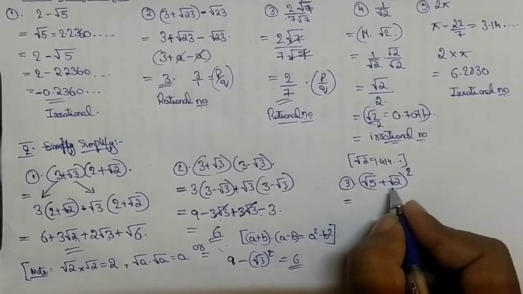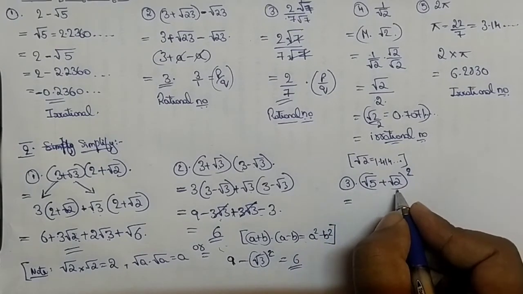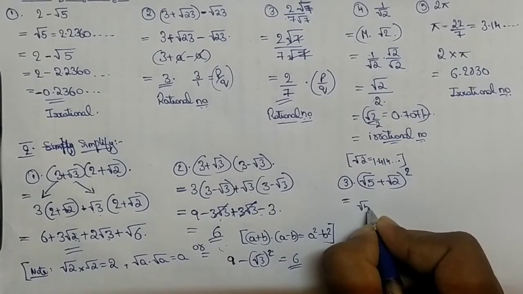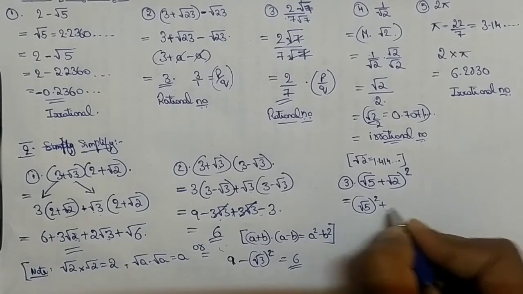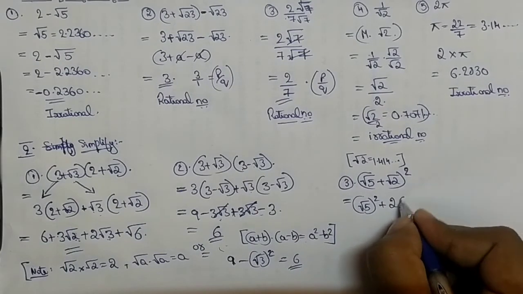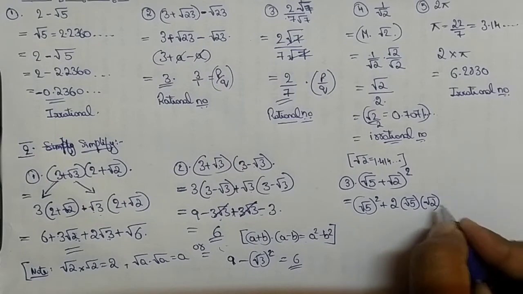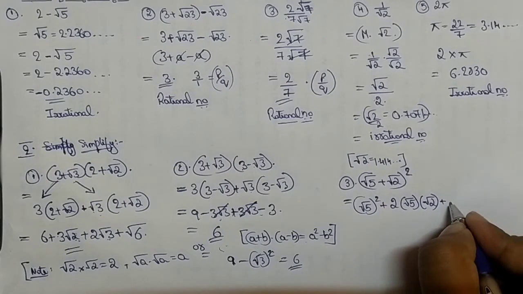So simple, a plus b whole square, a is root 5, b is root 2, a square is root 5 square plus 2ab plus b square.